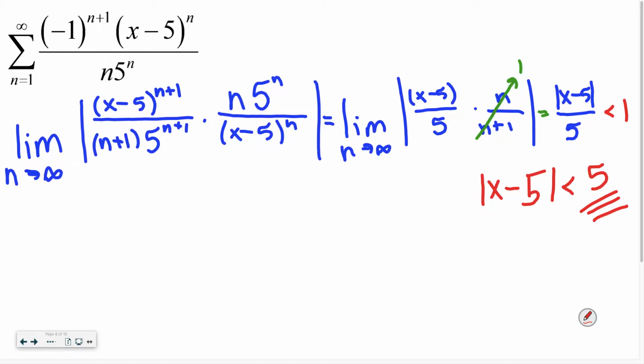If we are centered at 5, our interval would stretch from 0 to 10, because from 5 we need to go down 5 and up 5.